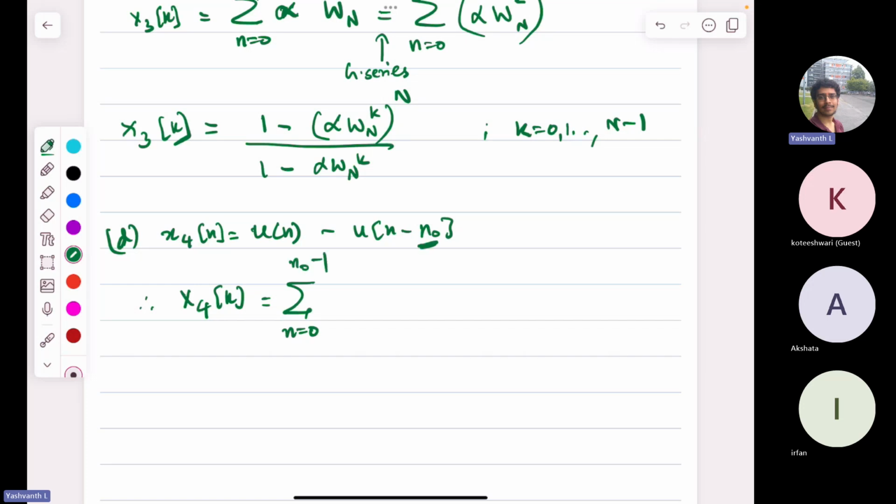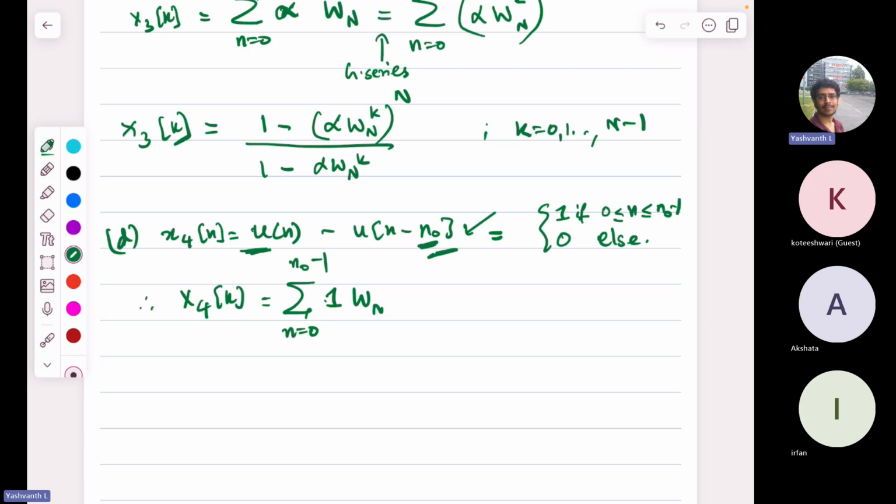That's because from n naught onwards, the second u will start to contribute, and the u of n signal will be killed by u of n minus n naught. So only from 0 to n naught minus 1 is x4 equal to 1, and it is 0 otherwise. Then basically it is 1 into the twiddle factor W_N power nk, which is nothing but 1 minus W_N power k n naught by 1 minus W_N power k.